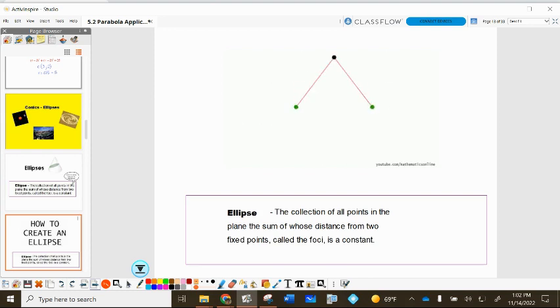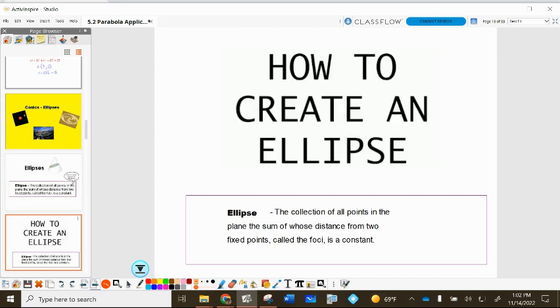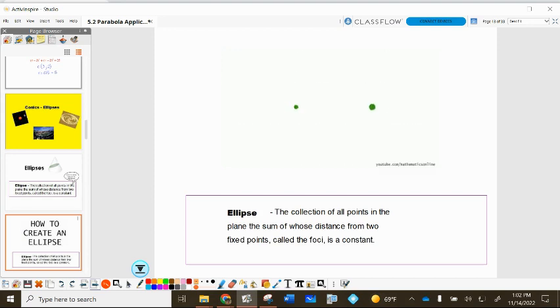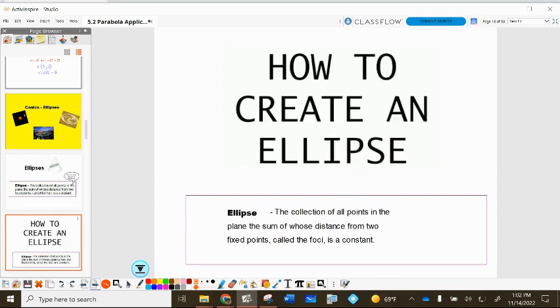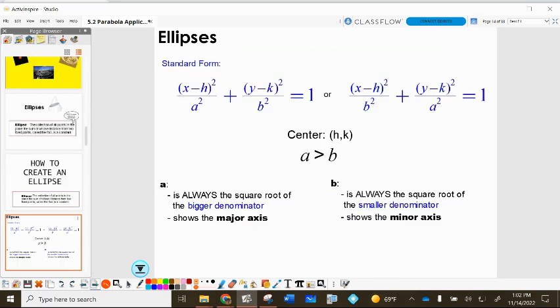If you pull the string tight, the set of points whose distances from those two fixed points sum to that constant string length are the ellipse. Now those two points are called the foci, and that's going to be important. That's where the sound or light gets concentrated when we're dealing with an ellipse. So those will be important points, and those are called the foci.